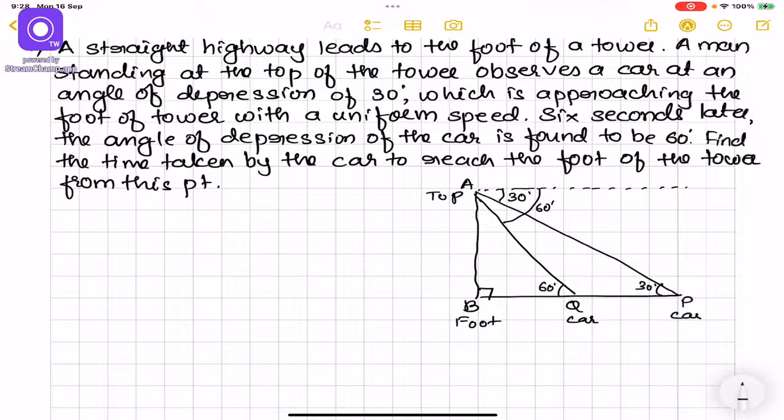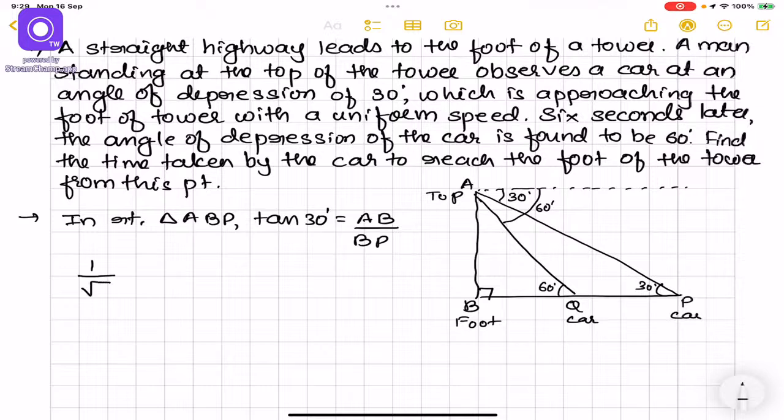Now solving directly, I am not writing all the introduction part that is given. In right triangle ABP, tan 30 will be equal to AB upon BP. So 1 upon root 3 equals AB upon BP.